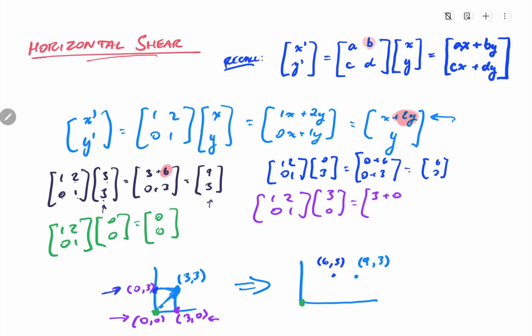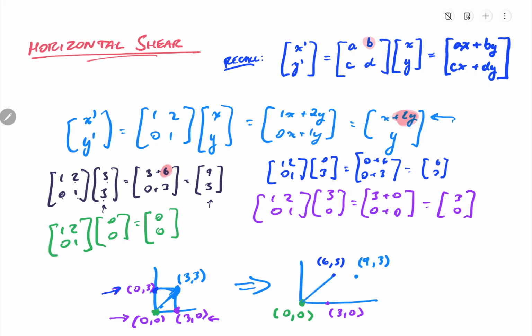In our second row, 0 times 3 is 0 and 1 times 0 is also 0. I notice that this point will be the same as our input, about here at 3, 0. This one is at 0, 0. So I notice that my square has been sheared to look like a parallelogram.